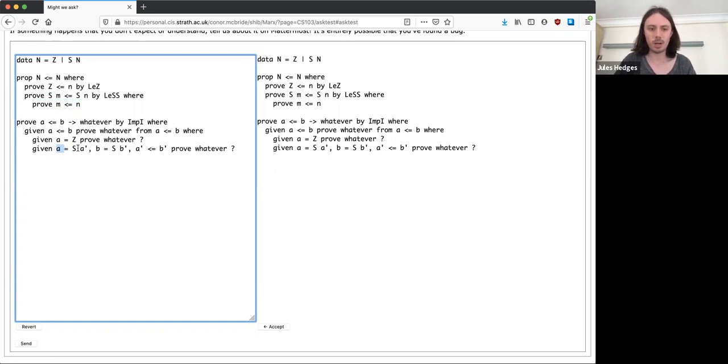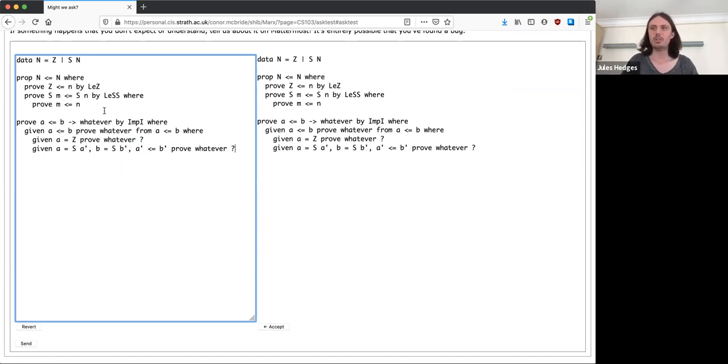Two of them are equations that say that the variables A and B must look like this, and then a third one, which is an inequality that corresponds to being given the subgoal. And then in both cases, we have to prove the thing that was previously the goal. I've explained this for the example of the less than or equals to prop, but the same idea does apply for anything that's defined by prop.